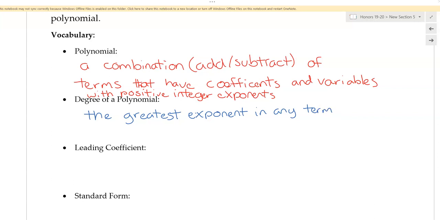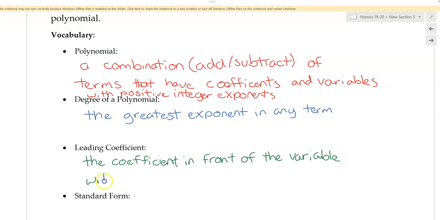The leading coefficient is the coefficient in front of the variable with the greatest exponent.